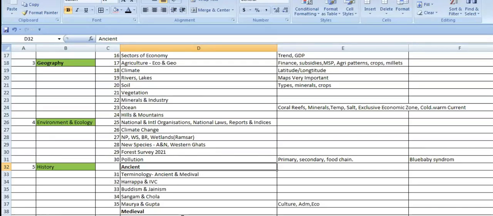The terminologies that you have to follow in ancient and medieval, because in medieval there are a lot of government officials who have a distinct name. Right from Sangam age, Cholas, and the Delhi Sultanate, the Mughals, you have to follow the terminologies used for land measure, land reforms, all those things. The Mukhyas and all those things.